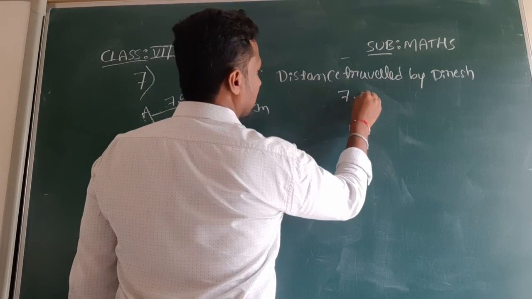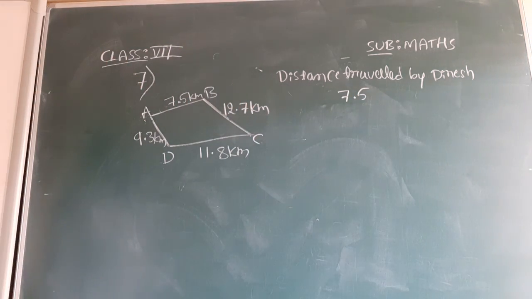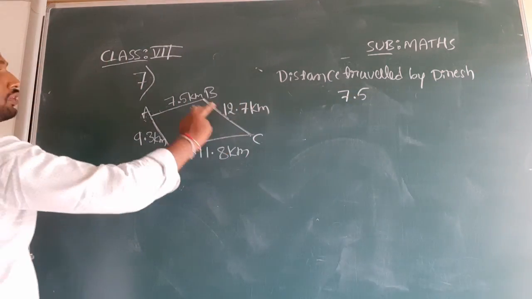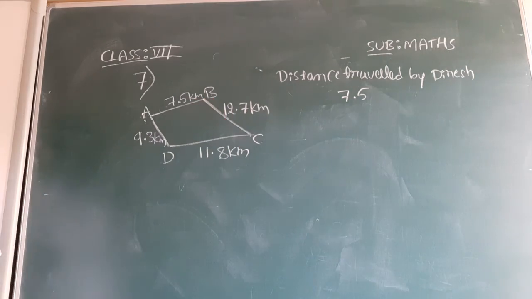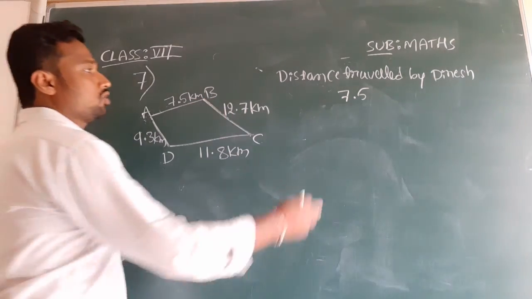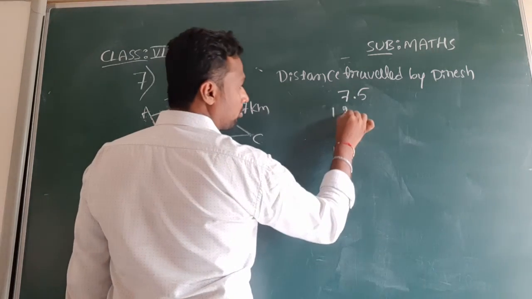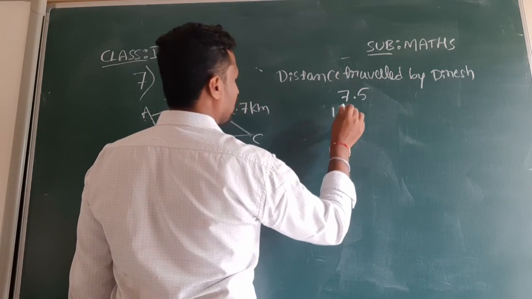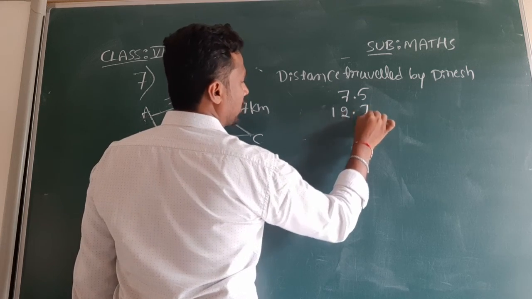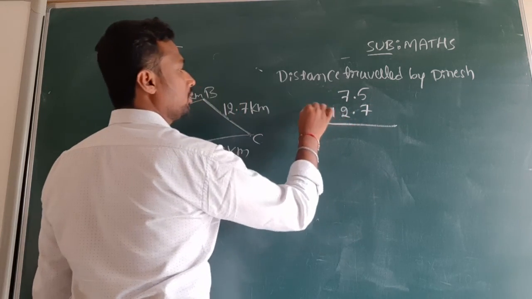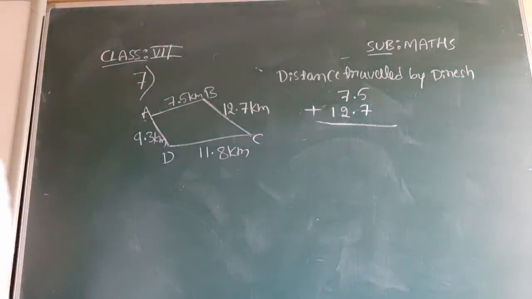So first I will write 7.5. Next he went from B to C, the distance is 12.7 kilometers. So below this 7.5 I have to write 12.7 kilometers.